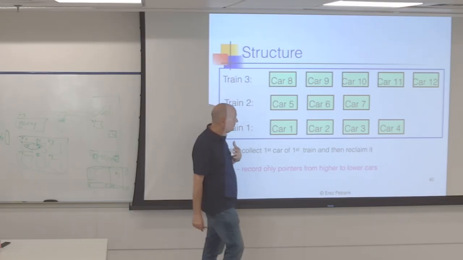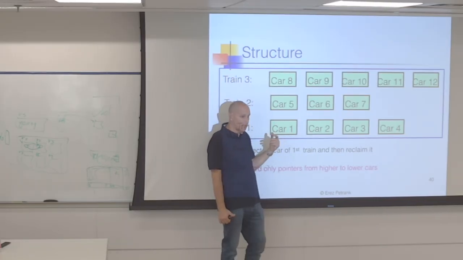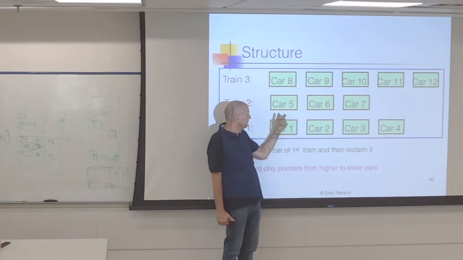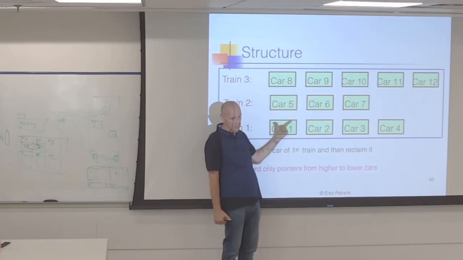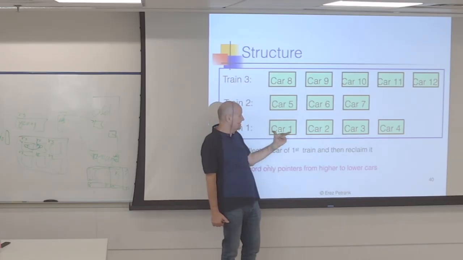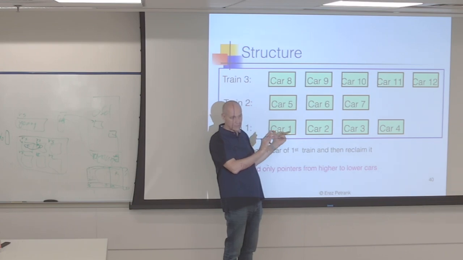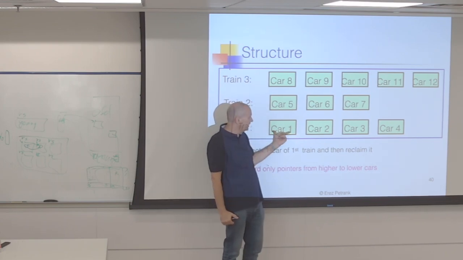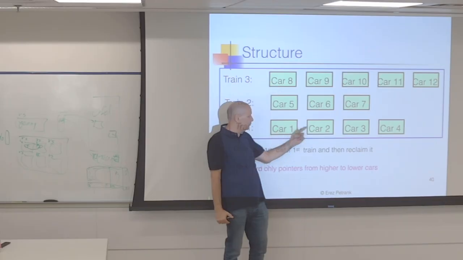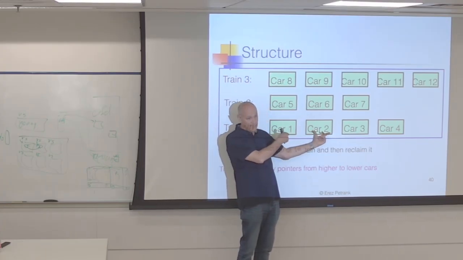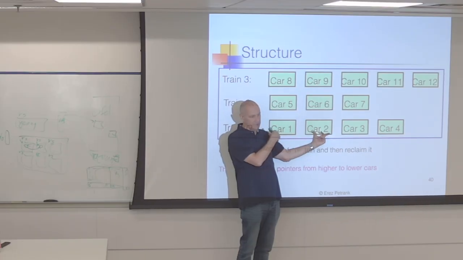Yeah, I only have inter-car pointers recorded from a higher car to a lower car. So for this car, everything that comes into it is recorded in its remembered set. But if there is a pointer from car 1 to car 2, it's not recorded in the remembered set of car 2, just because when I do the reclamation for car 2, car 1 will not be around.